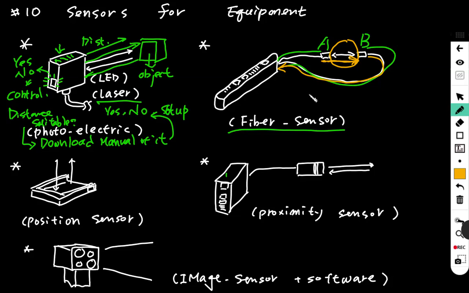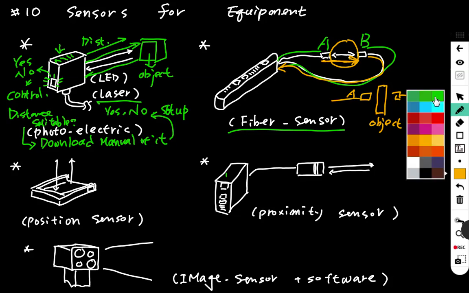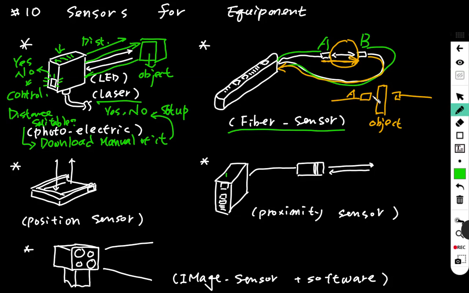For example, this is fiber A and fiber B. If there is an object here, then the optical line from fiber A is ejected but cannot be received by fiber B, because the object stops the optical power here.